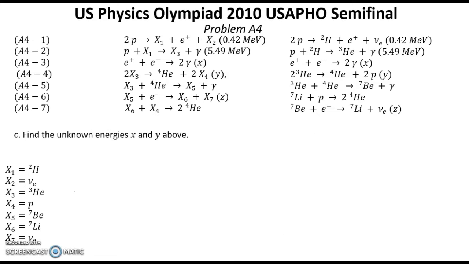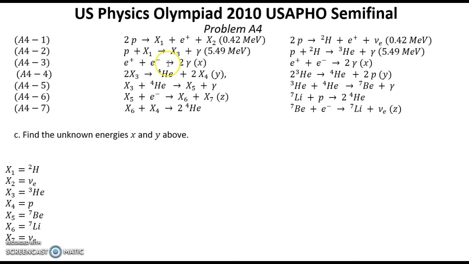Question C. Find the unknown energies X and Y above in reactions 3 and 4. Solution. For reaction 3 we have a reaction of annihilation, positron and electron, and they are going to gamma rays.